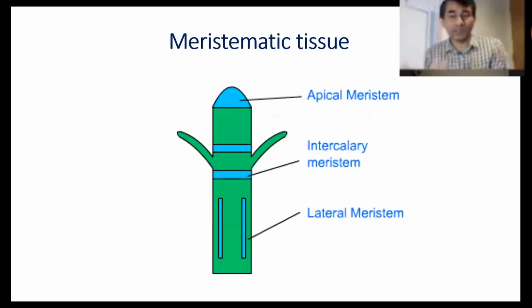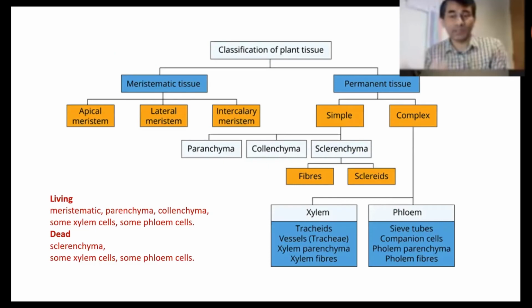Now let's move on to more details of plant tissues. We saw there are different groups of plant tissues, and meristematic tissue is a type of plant tissue. It is not a permanent tissue. If you look at this diagram, the classification of plant tissues, there's a meristematic tissue and permanent tissue. Meristematic tissue is not permanent.